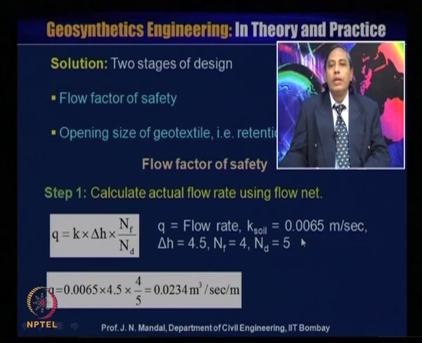K soil is given as 0.0065 meter per second and delta H is 4.5, NF we know is 4, ND is 5. So if we substitute these values, Q is equal to K into delta H into NF by ND, that is 0.0065 into 4.5 into 4 by 5. So ultimately Q will be 0.0234 meter cube per second per meter.